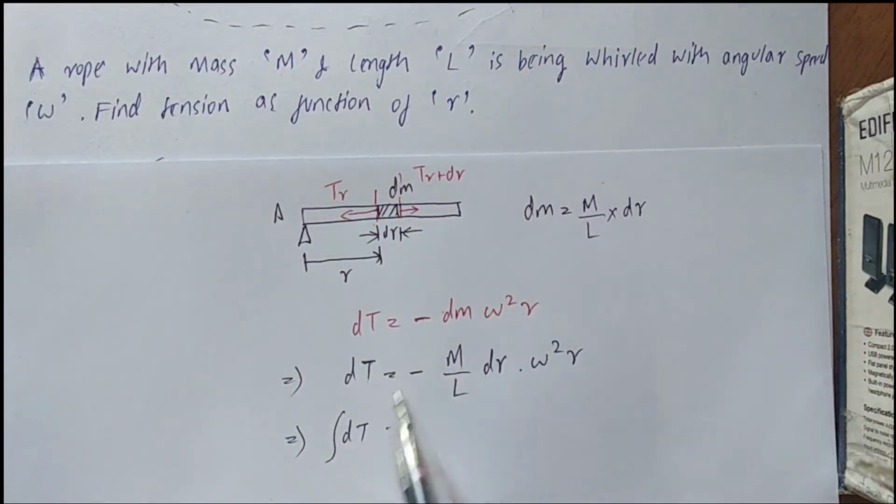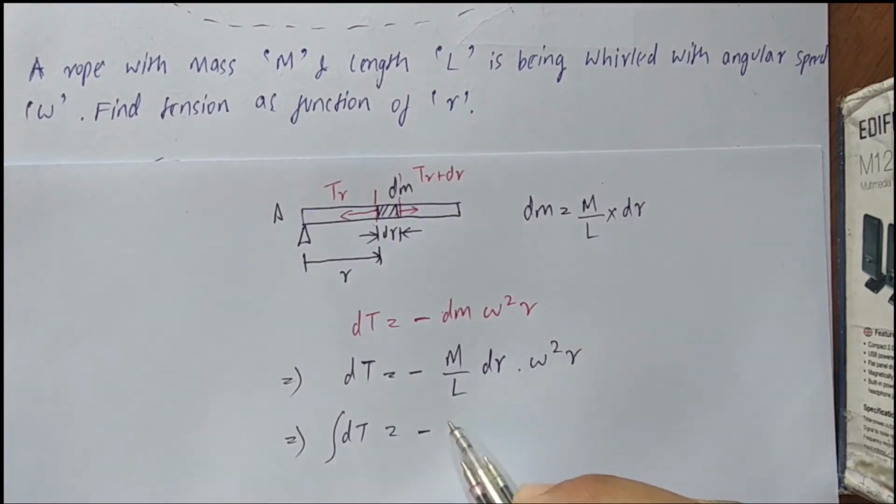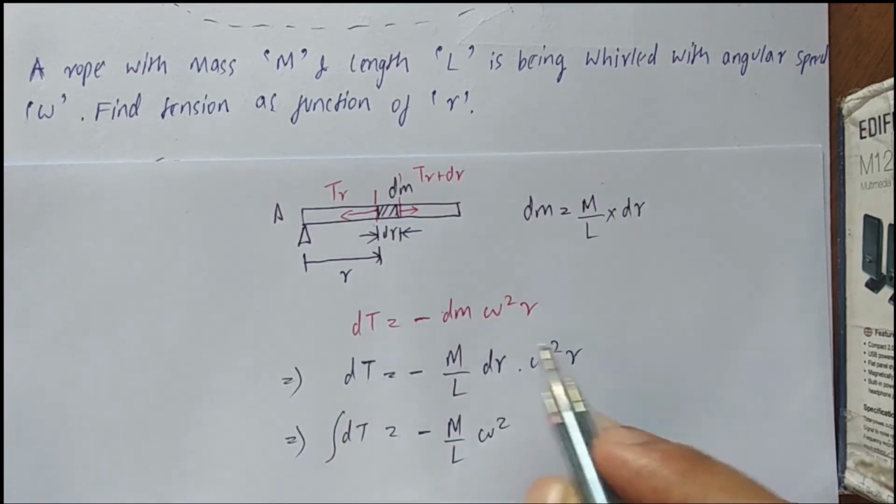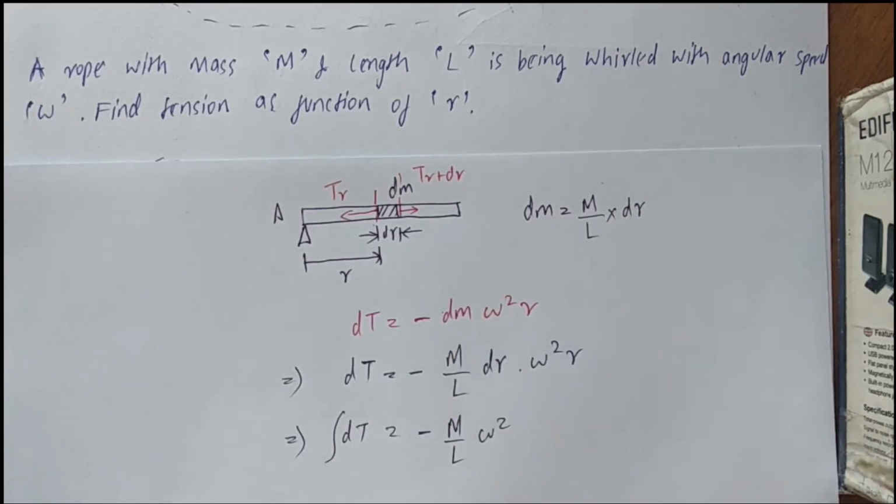We will use an indefinite integral in this case, and we will put the boundary values to find the constant. So this is equal to M by L omega square. These are constants: omega is constant, M and L are constant, so the only variable is r dr. So you can integrate this.